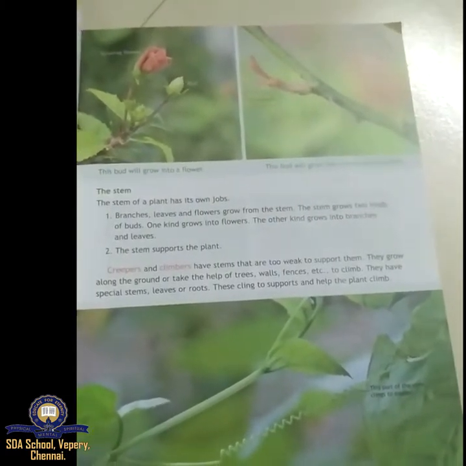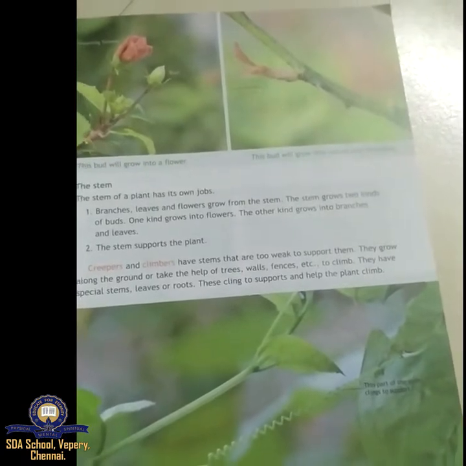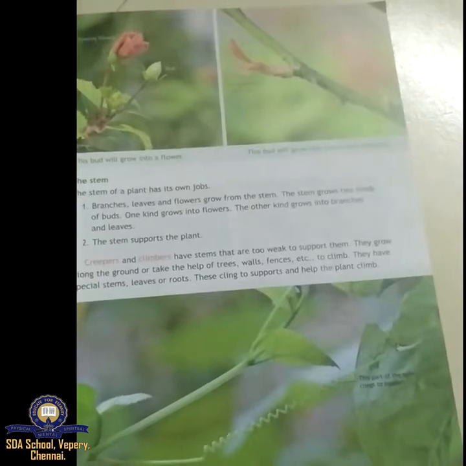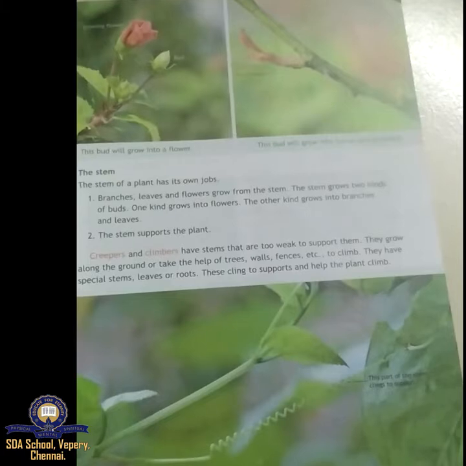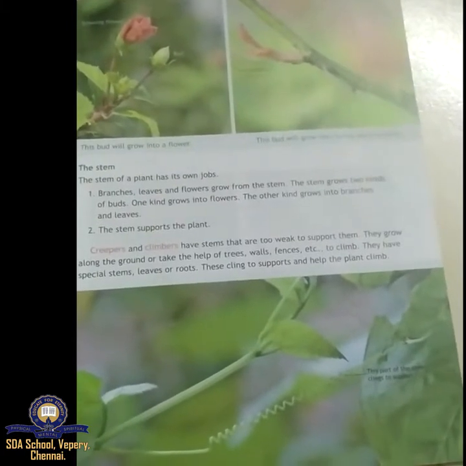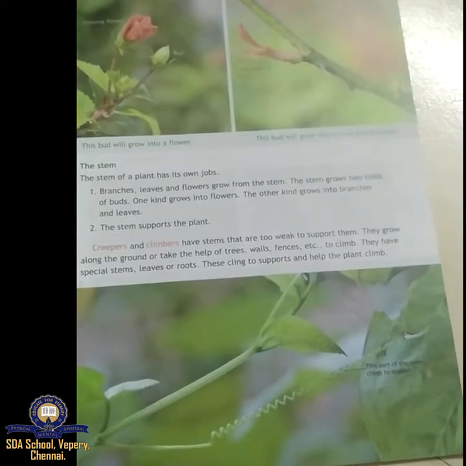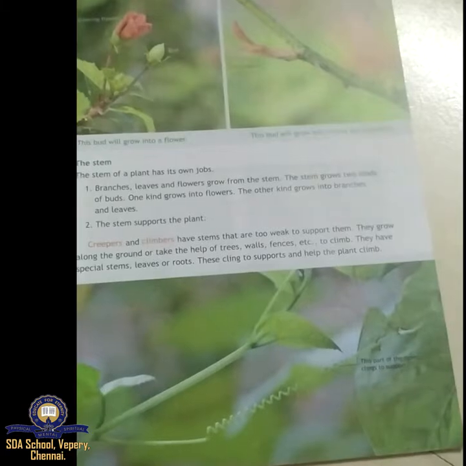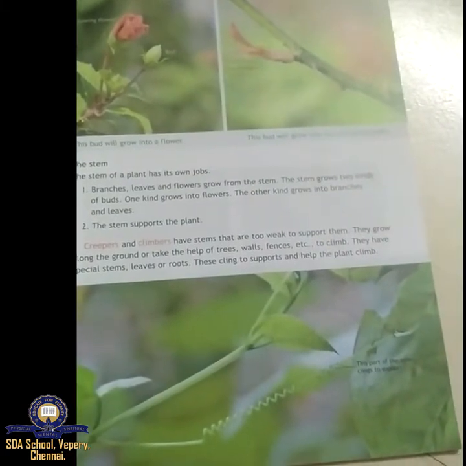They cannot stand on their own because their stems are too weak, so they need some support to grow. For example, snake gourd and bitter gourd are plants which cannot stand on their own. They grow along the ground or take the help of trees.